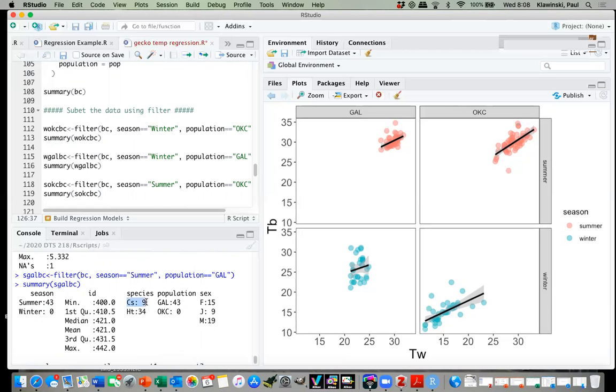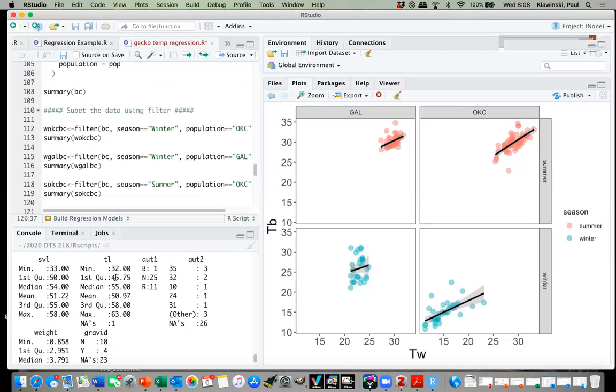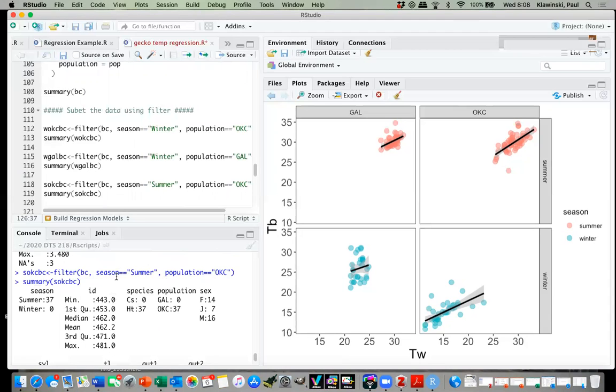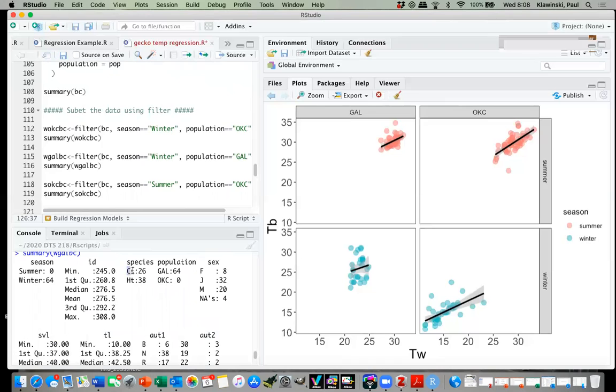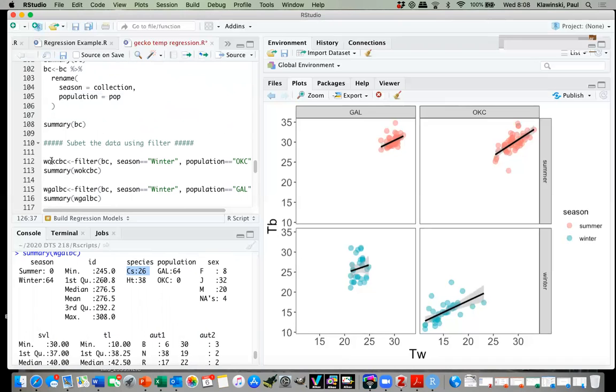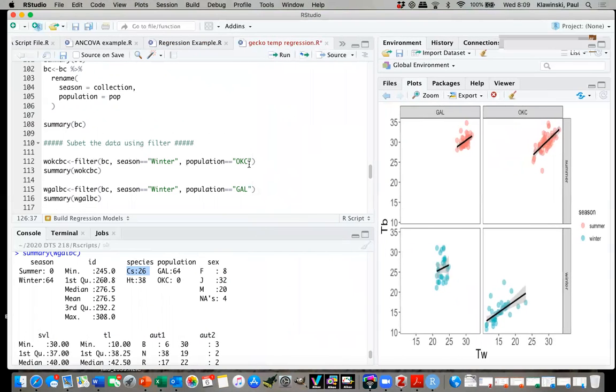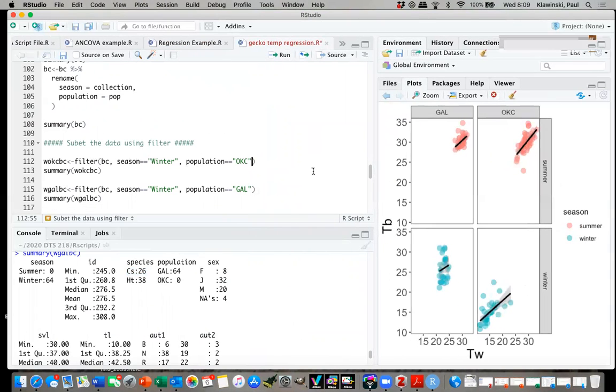There's another species of gecko in all of the Galveston populations, which I forgot was in there. In Galveston, there are two species of geckos. And so one of the things that we need to do is filter better than this. We need to filter out the Cyrtopodion. I did not foresee this.